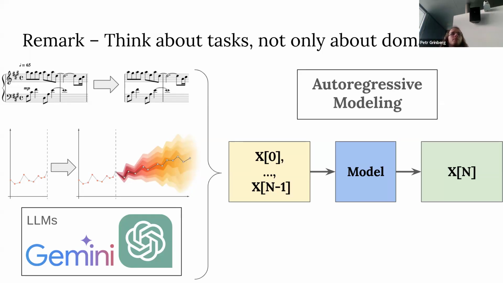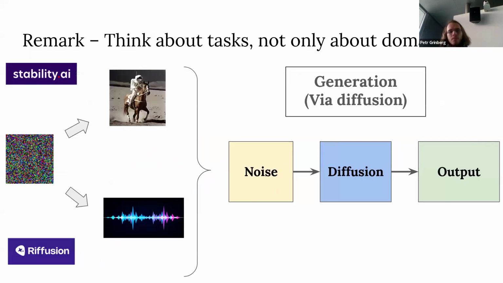Or your favorite LLMs like ChatGPT, Gemini, Llama, all this stuff, all these three examples work exactly the same, and it is called autoregressive modeling. Given some sequence from 0 to n minus 1, you want to predict the next element of this sequence. Or generation.